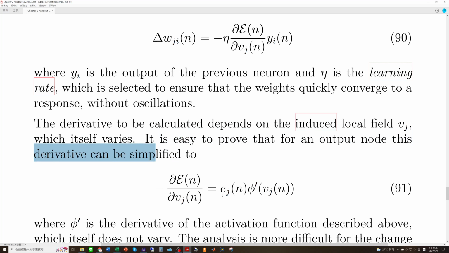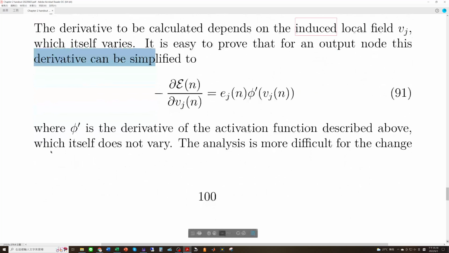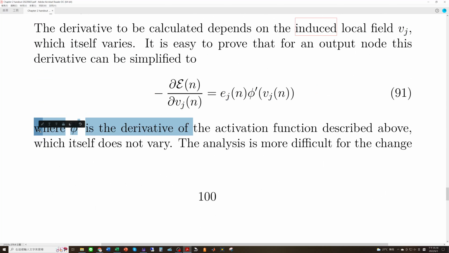Negative partial E of n over partial Vj of n is equal to Ej of n times phi prime of Vj of n, where phi prime is the derivative of the activation function described above.